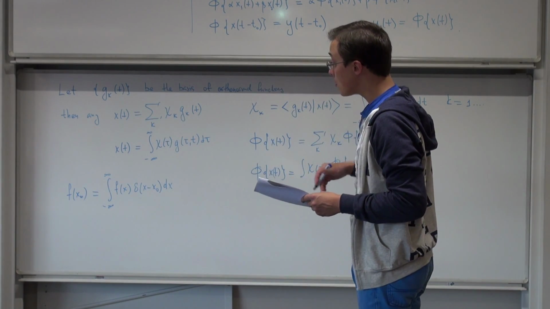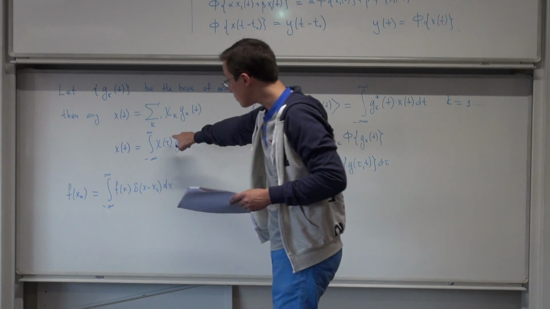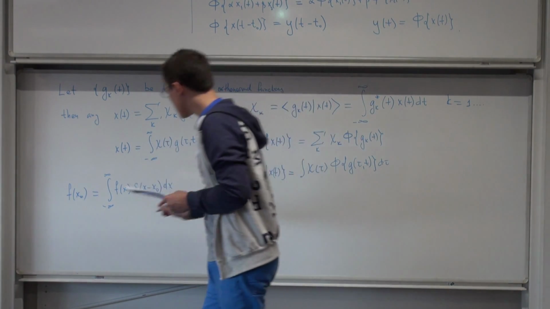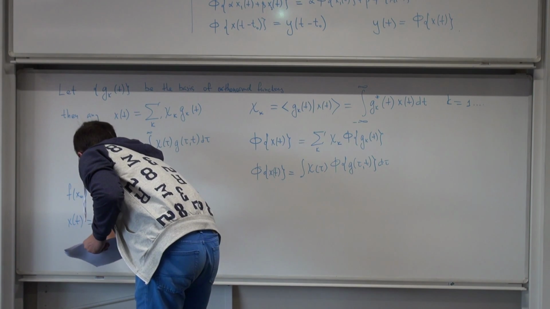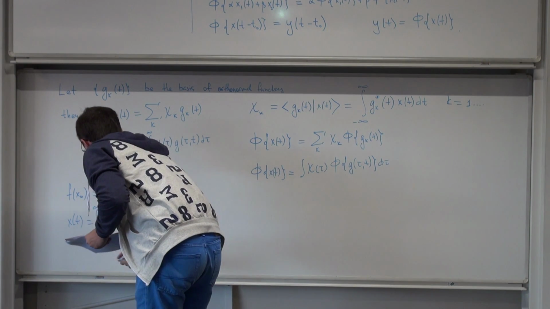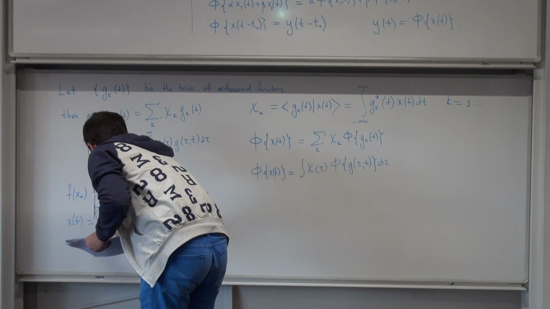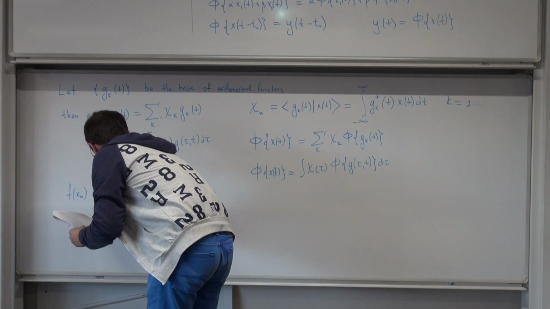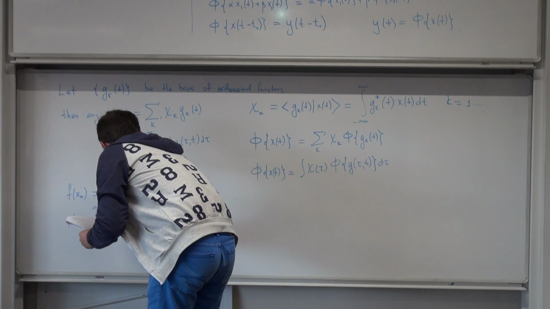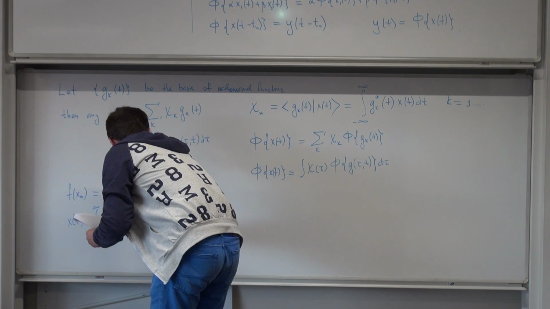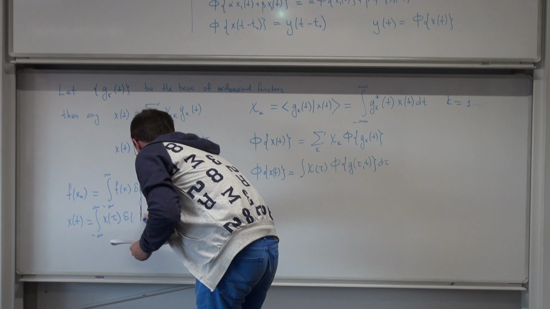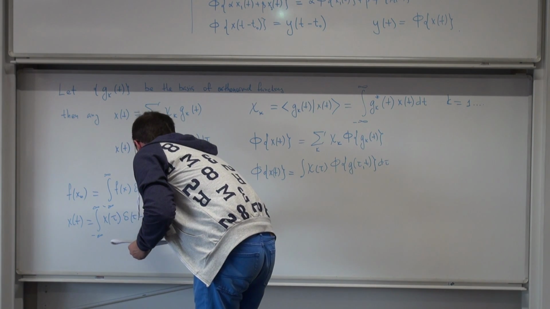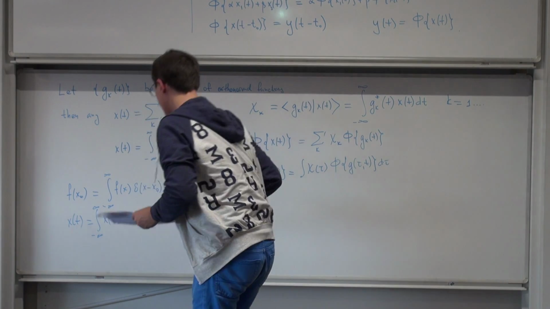So let us now express our signal in this same way. So we can say that x of t will be an integral from minus infinity to infinity of x of some tau, then delta t minus tau, or tau minus t, it should be, d tau.